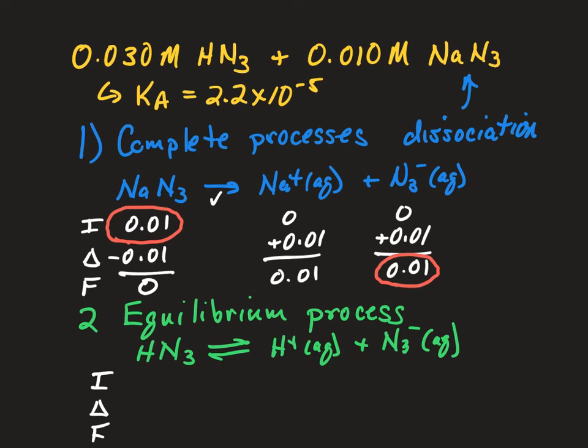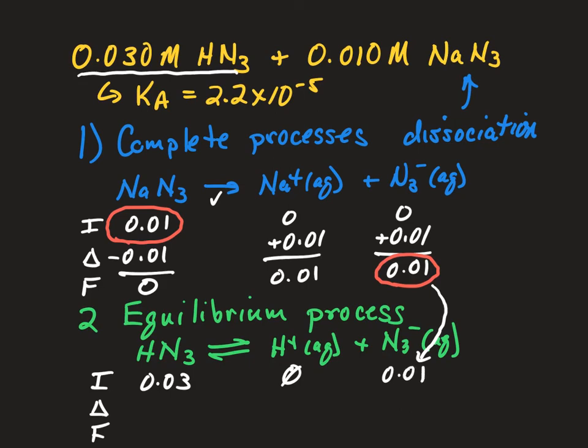So our initial concentration of our hydrazoic acid is given in the problem. Our initial concentration of hydrogen ions, we haven't considered making any in our problem yet, so it's 0 at the moment. But our concentration of azide ions, since we already have this going on, is going to come from here, and it's going to be 0.01.